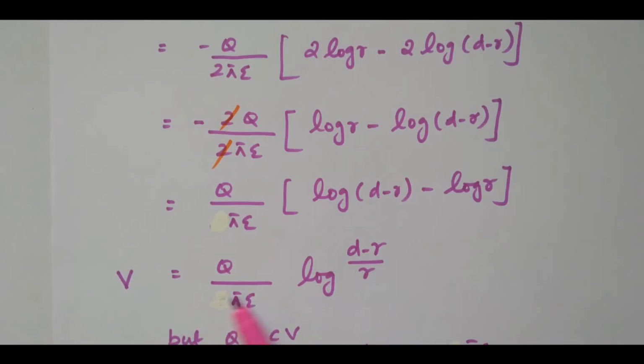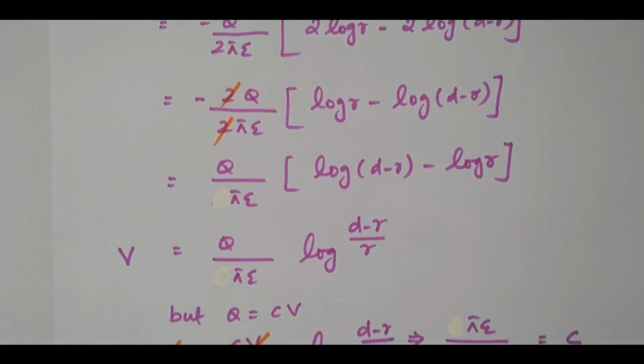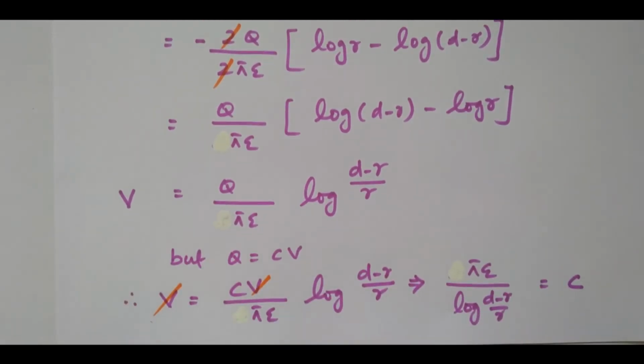Now we got the expression for the potential, but our aim is to find the capacitance between the conductors, right? So we are substituting q equal to cv. We are replacing q by cv, so that v equal to cv divided by pi epsilon log d minus r by r. So this v got cancelled, right?